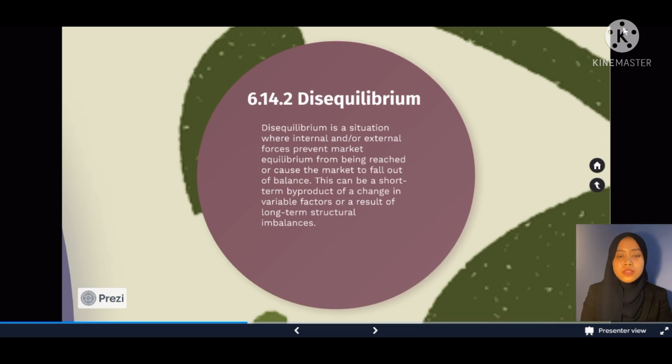This can be a short-term byproduct of a change in variable factors or a result of long-term structural imbalances.